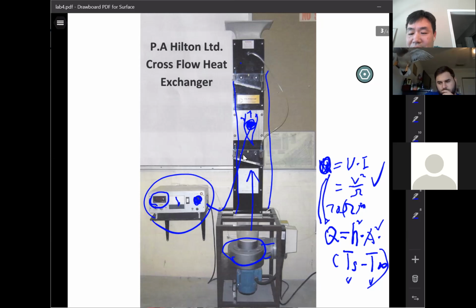Is that clear to everybody? That's at any given moment, any set wind speed. You know the convection heat transfer coefficient changes with the wind speed. How does it change with wind speed? Is it proportional or inversely proportional?